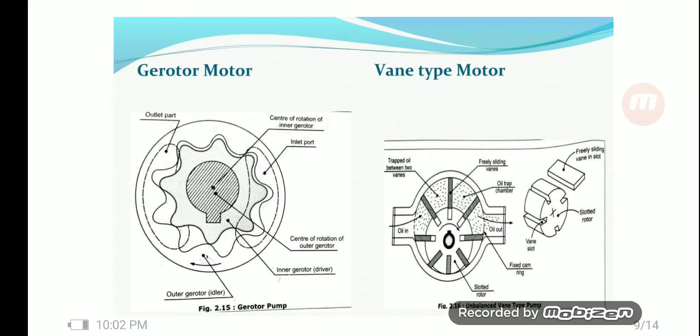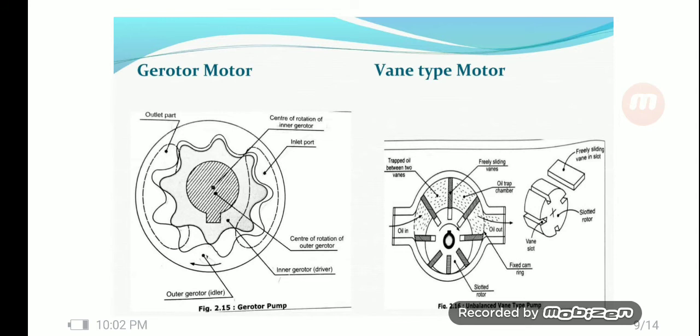Next is the vane type motor. The vane type motor has various vanes which act like springs. When there is compression, these vanes get compressed, and when there is more space, they are released with the help of springs.